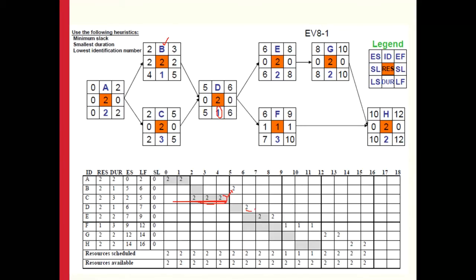Once we have completed activity D, we can in principle begin work on activity E or F. One thing to note here is that previously the early start time of activity E was 7. But now, because of the delays which have been introduced, it may not be possible to have those early start times.